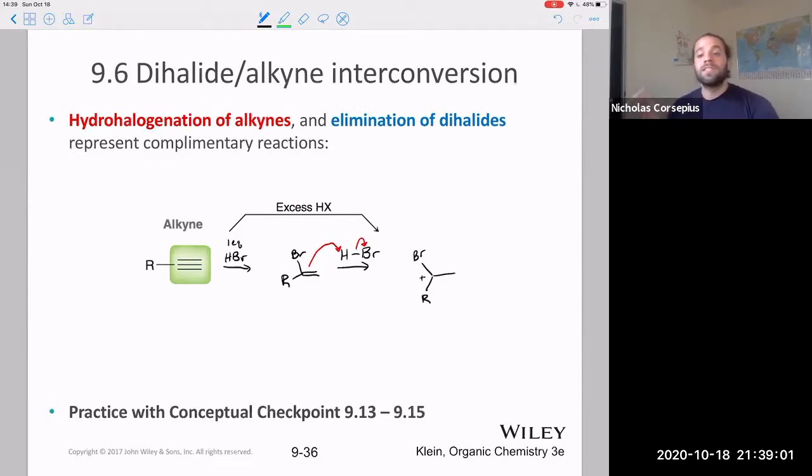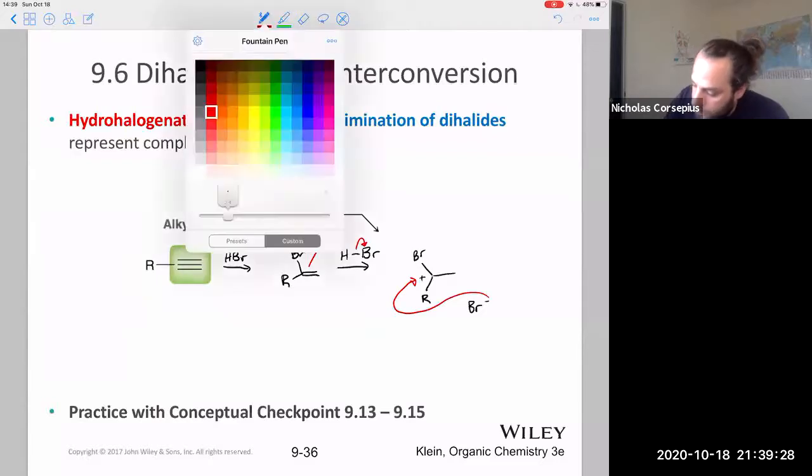That bromine stabilizes that carbocation because bromine is relatively electronegative. It itself has a big old electron cloud, and so it can help stabilize that carbocation. So as opposed to being on the less highly substituted carbon, it's going to be on the more highly substituted carbon. Then the bromide ion comes along and attacks our carbocation.